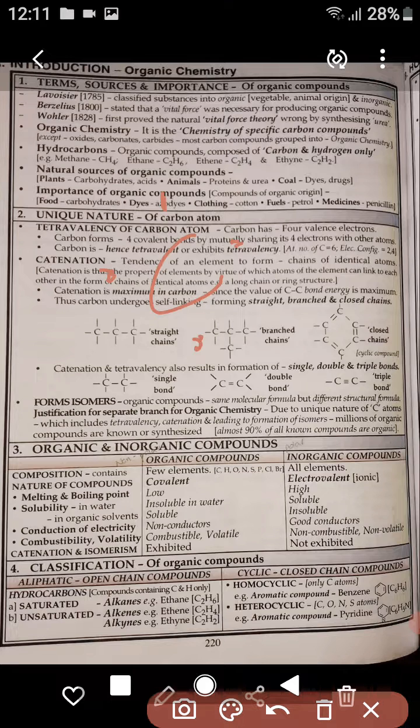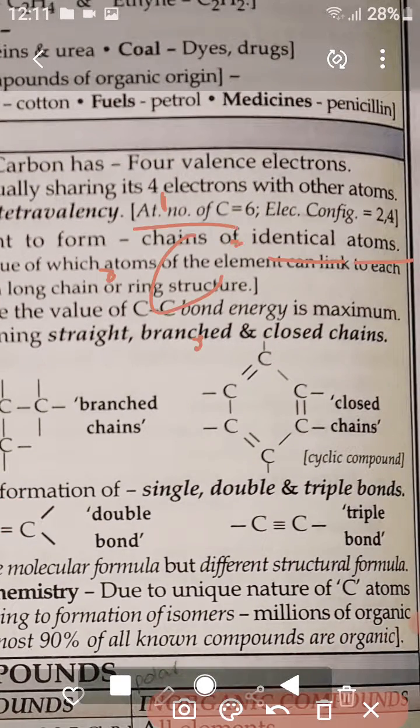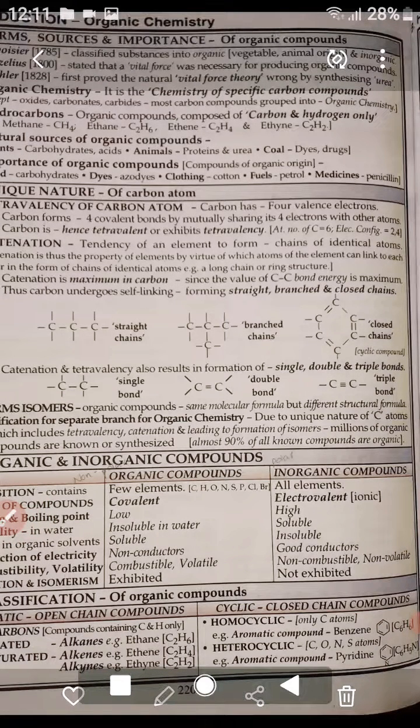Atomic number is 6 and electronic configuration is 2,4. These basic properties are responsible for the formation of long chains of carbon atoms, or the reaction of carbon atoms with other elements like hydrogen, because here we are studying organic chemistry.